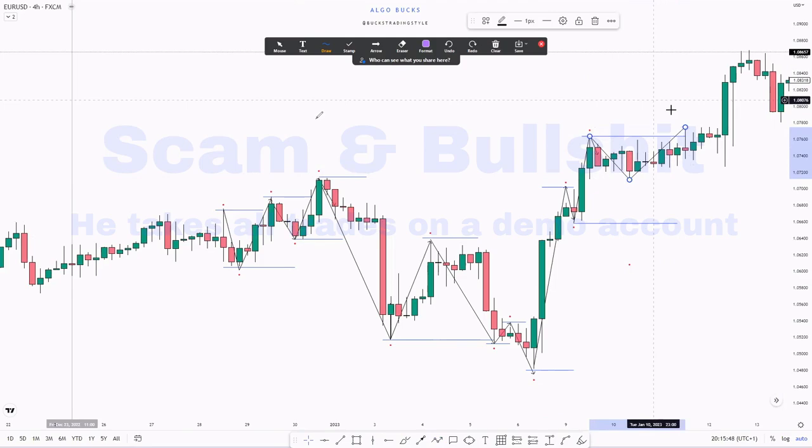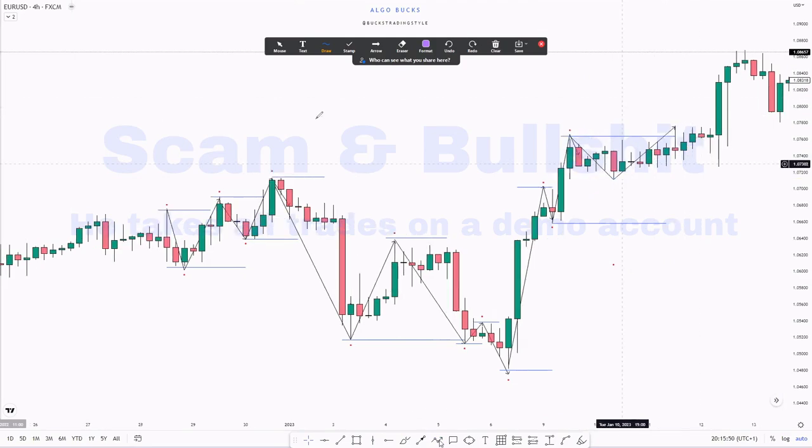Now as price broke the high right here, price then started coming down because this was the bearish candle. Price came down to this lowest point right here.